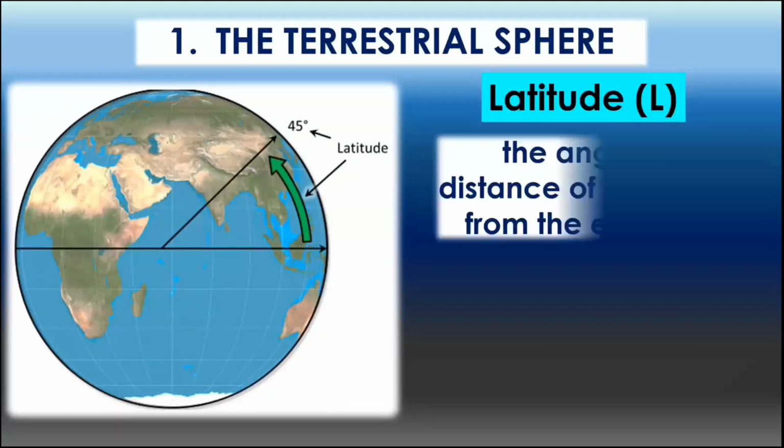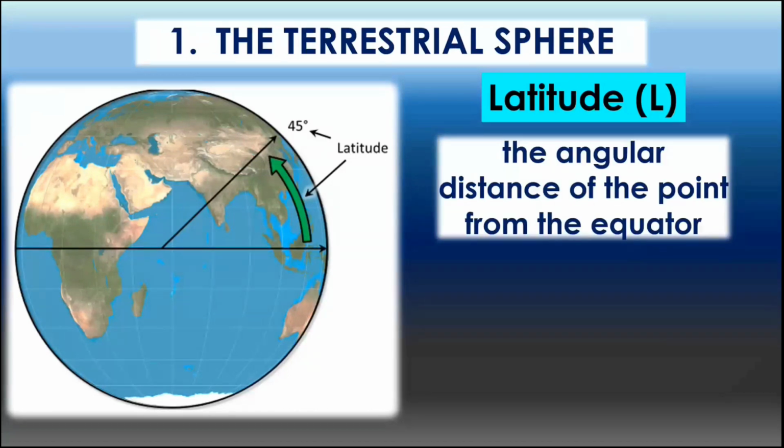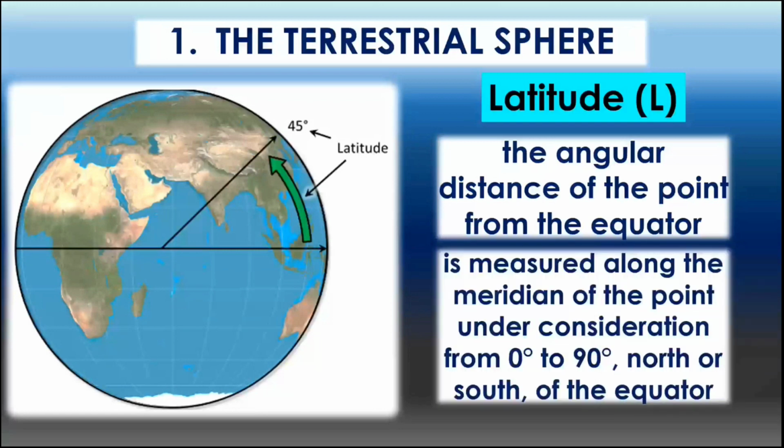The latitude is the angular distance of the point from the equator. It is measured along the meridian of the point under consideration, 0 degrees to 90 degrees north or south of the equator. Again, in this illustration, we have the north, the south, and this line in between is the equator.